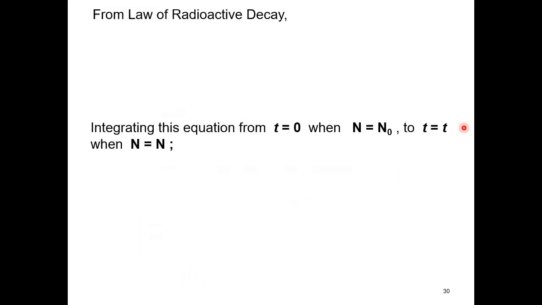From the law of radioactive decay, dN over dt equals negative lambda N. By rearranging this formula, dN over N is equal to negative lambda dt.